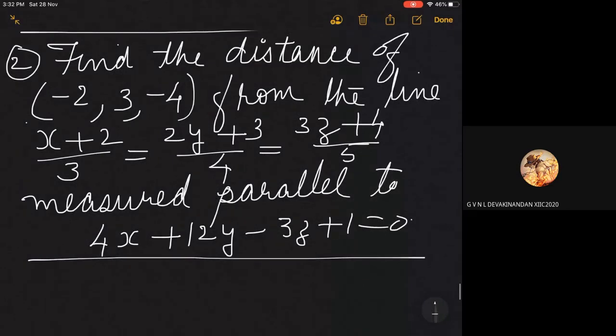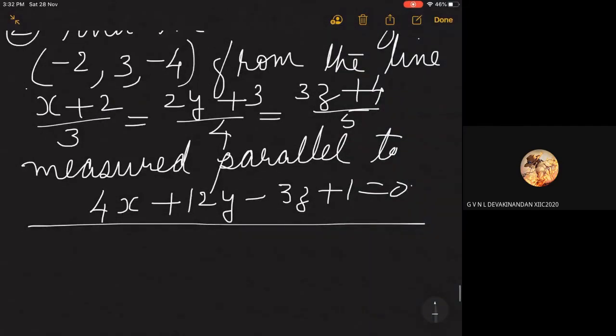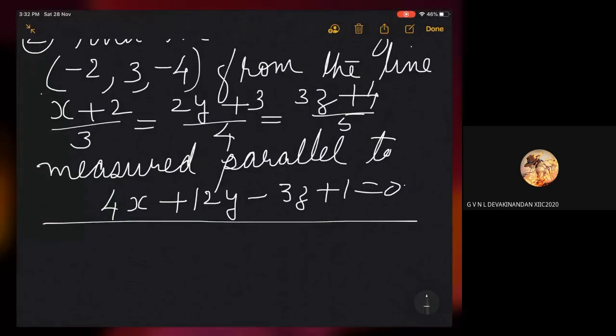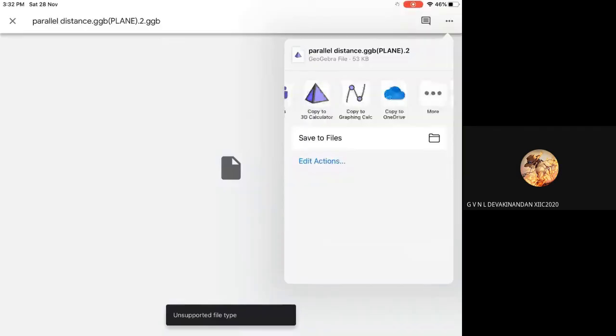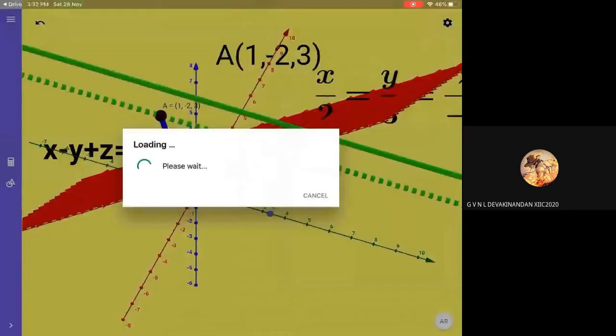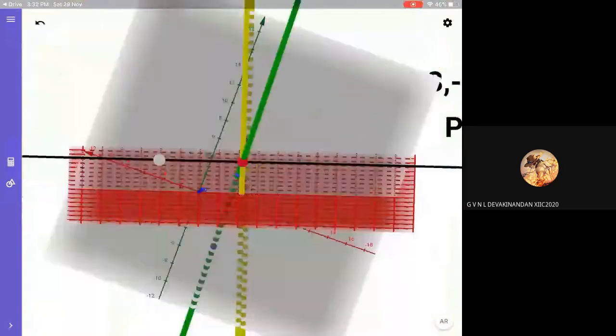So this is also measured parallel, but it is the distance of the point from the line. See, I have just shown it, you can just visualize.